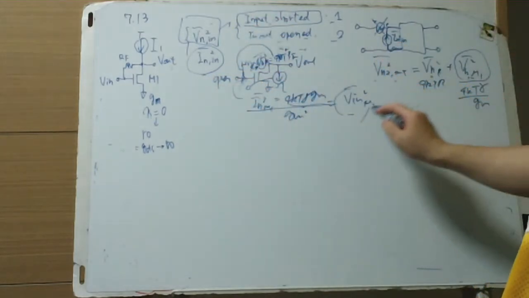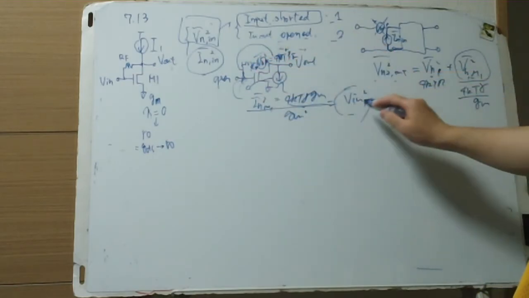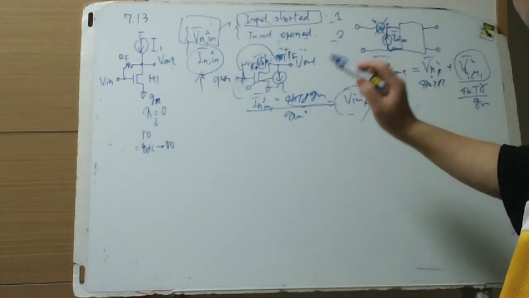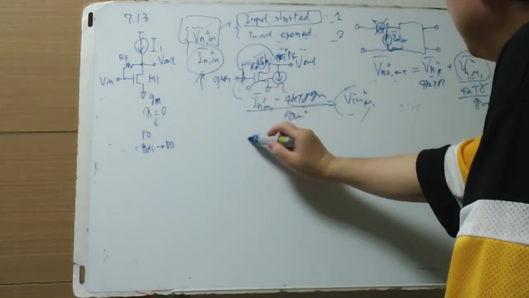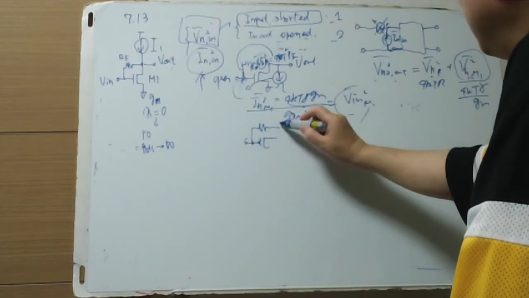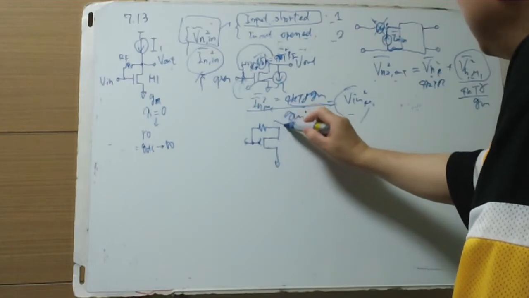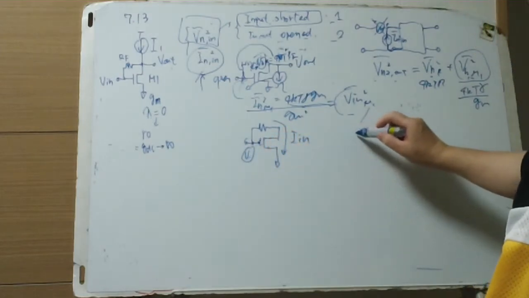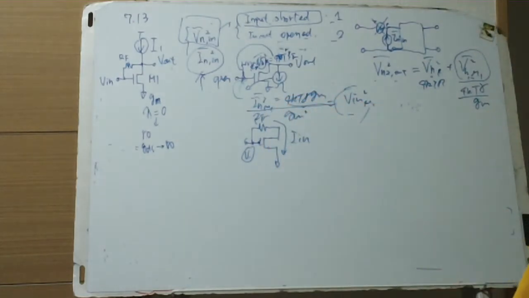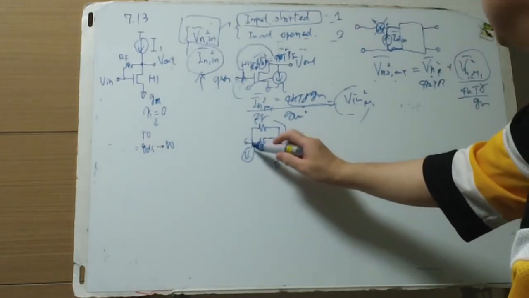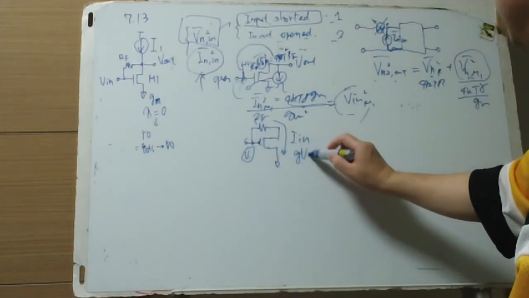This time using the input opened model, we can generate this, because when opened, input opened and there's RF, and RF opened, current going through this, and this is RF, but this current equals GM V.